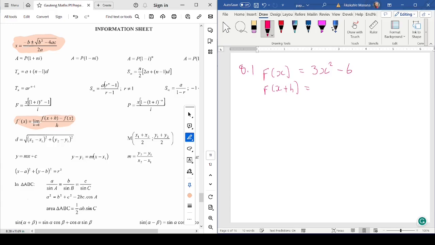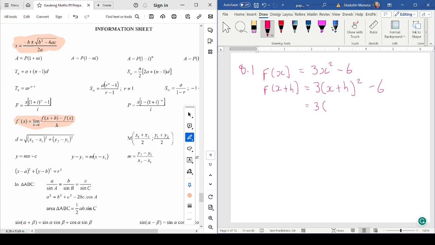What does this mean? It means where I have x, I substitute x plus h this time. Okay, so it's going to be 3 and then x plus h right over there squared minus 6. Okay, now what I like to do is actually open two of these brackets to avoid mistakes, but because it's simpler this time, I'm just going to go straight.